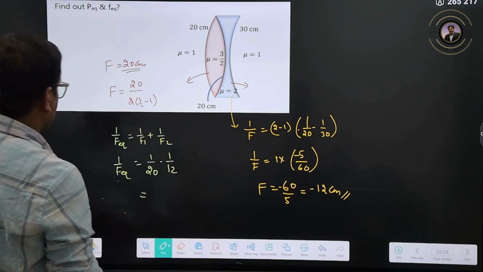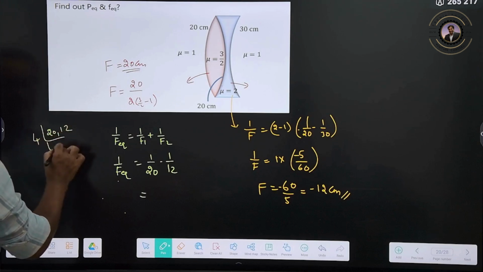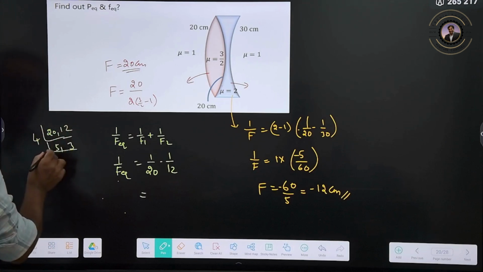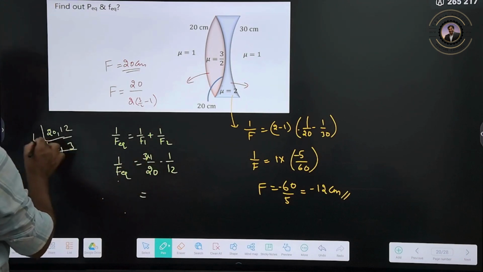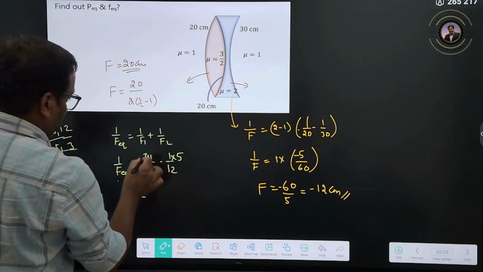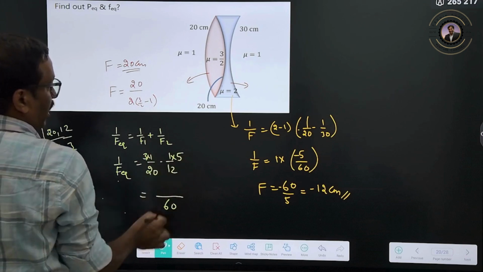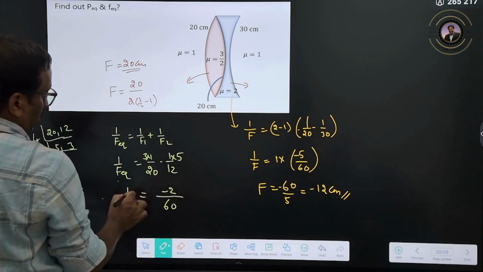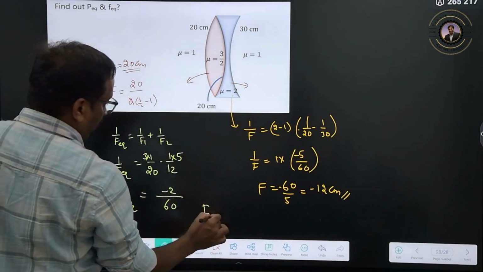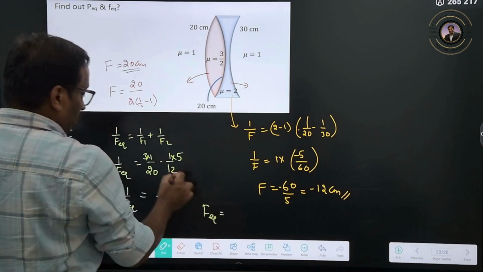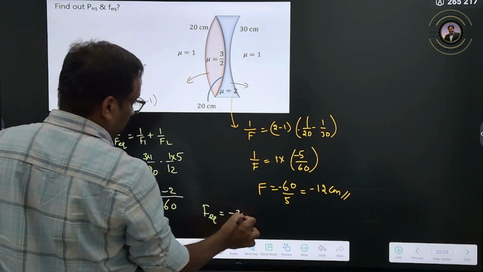So you can take the LCM of 20 and 12, which is 60. So 3 minus 5 is minus 2, 1 by f equivalent. Therefore, f equivalent you can write as 60 by 2, therefore minus 30 centimeter.